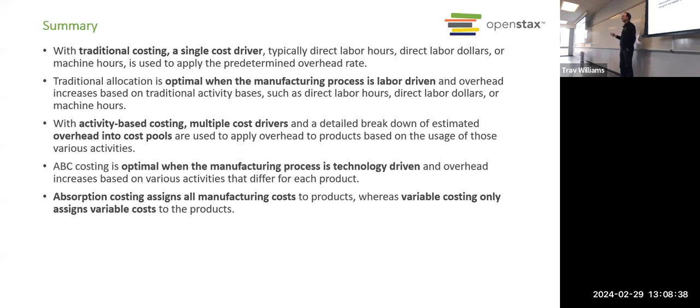And that's where activity-based costing is useful, right? Because you can use so many different types of costs. You can even use non-manufacturing costs in activity-based costing. And you can use multiple, right? We've seen as many as 5 different activities be used to estimate overhead. So it gets a little complicated.